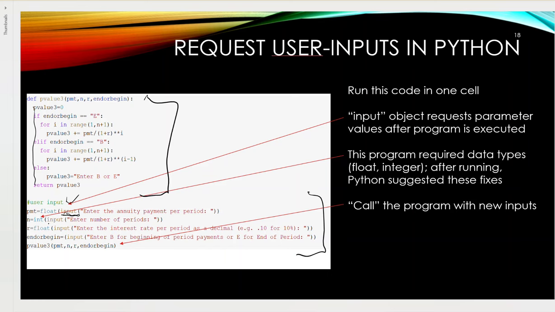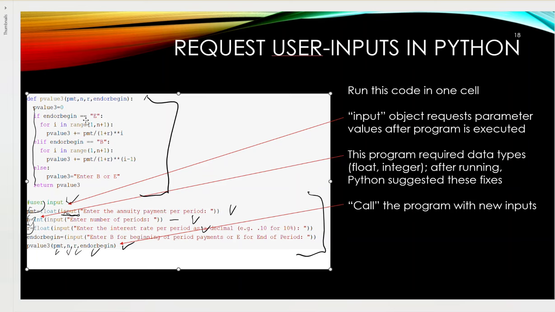N equals integer, and I just put some text there. Enter the number of periods. R equals float, enter the interest rate. Enter B for beginning. And so what it's doing is it's getting values in the payment, N, R by asking the user to put it in. Then it calls the program because now it has values in those parameter names.